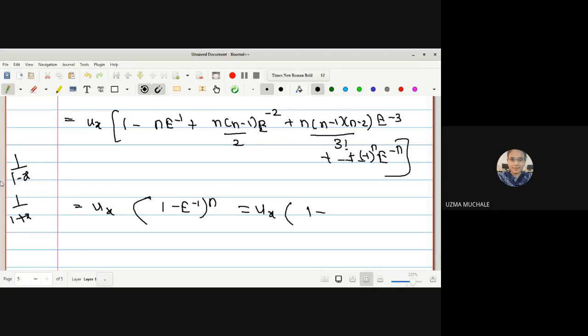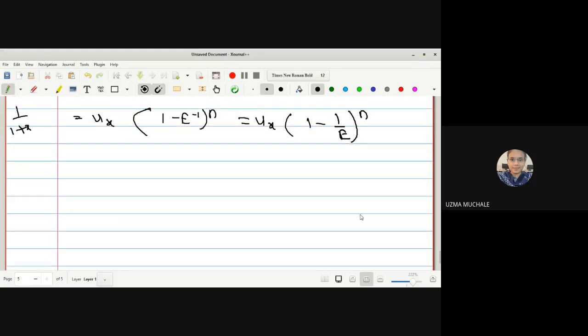Simply, wherever you have the terms, we can put them as n, n into n minus 1 and so on. So it is u_x (E − 1) raised to n divided by E raised to n, and hence E^−n (E − 1)^n u_x. Now what is E minus 1?